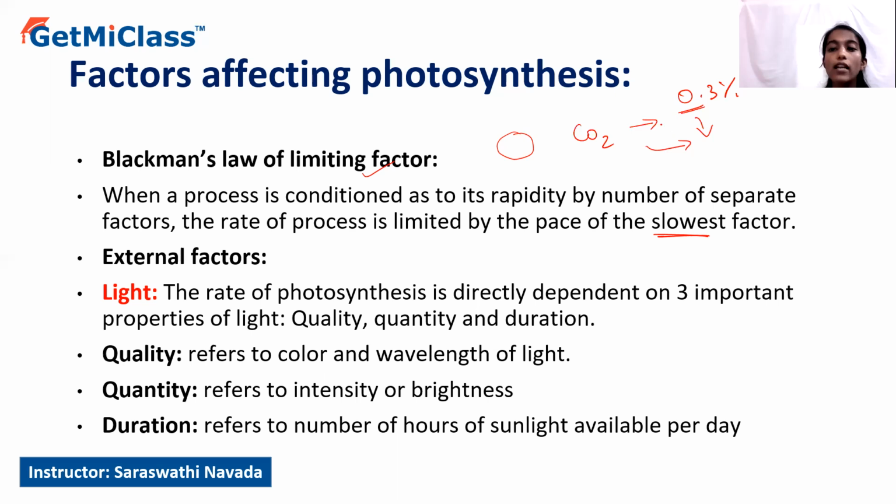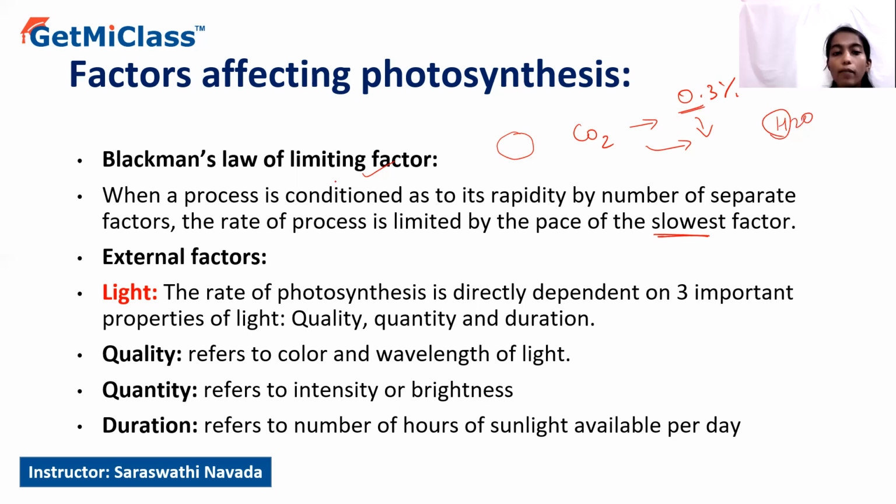Similarly, if carbon dioxide and light are at maximum but soil water is not available, then, since water is a source of hydrogen, again the rate of reaction will be slowed down. So if a process is conditioned by more than one factor, and any one factor becomes limiting, the rate of reaction will be decreased. That is Blackman's law of limiting factor.